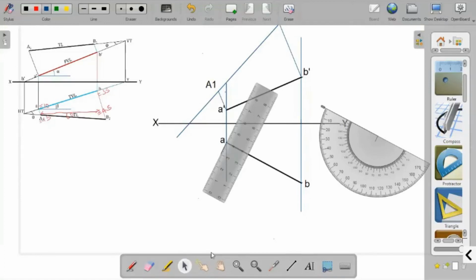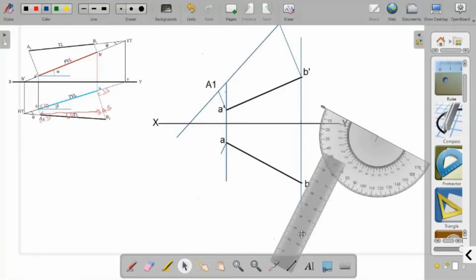And here you have to mark it as 35 millimeter. Here it is 35 millimeter.